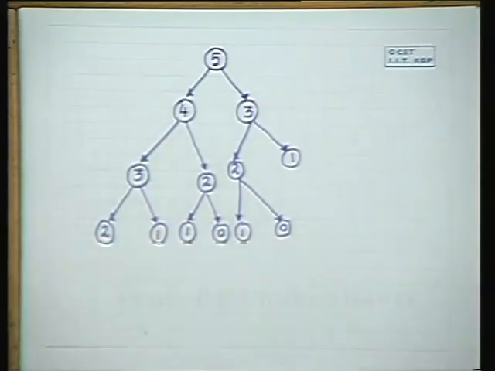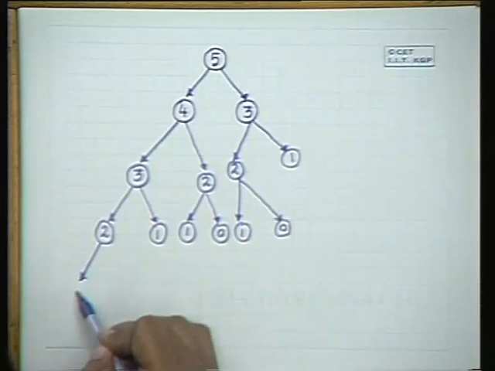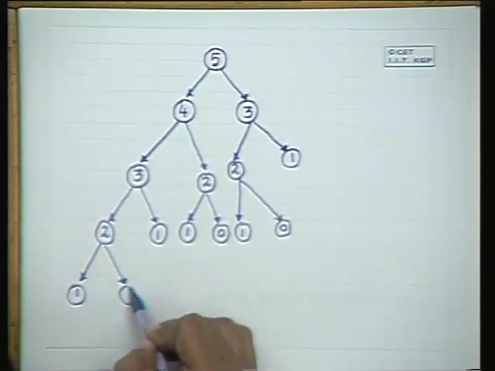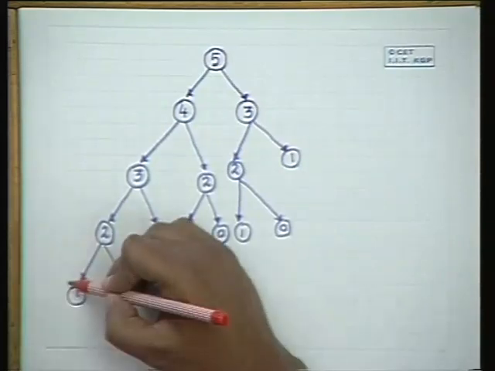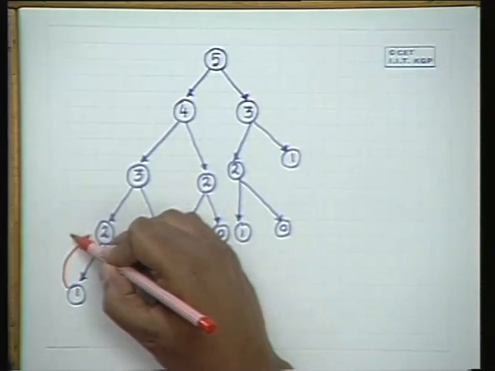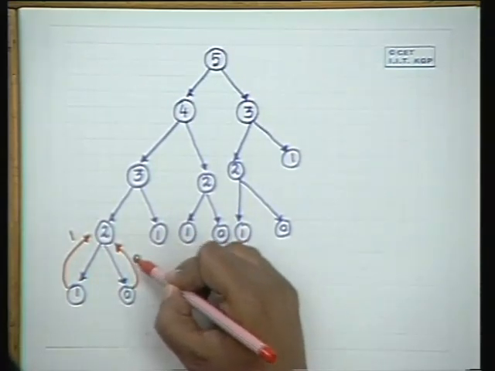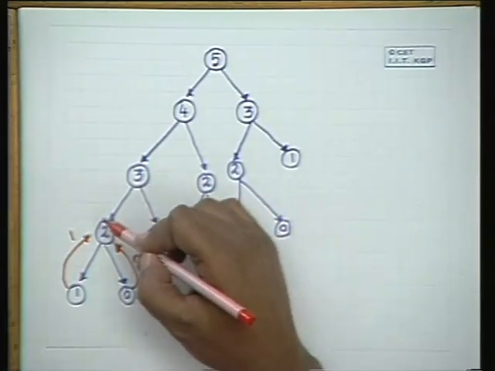Oh, I am sorry, I have missed out something here, this 2. So this returns 1, this returns 0. To solve this, I need to get a value from this.